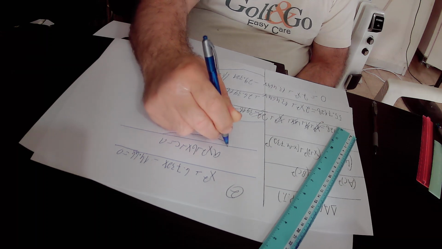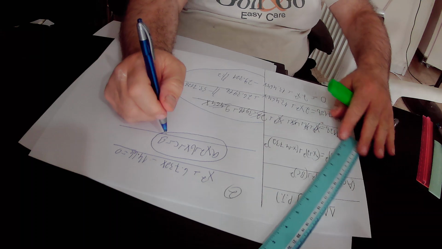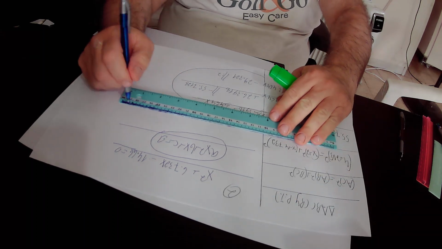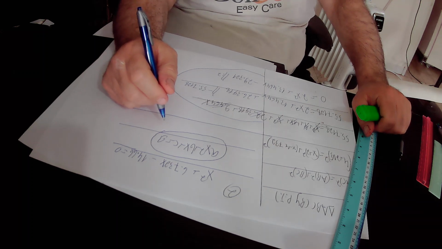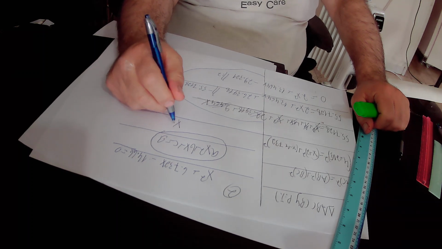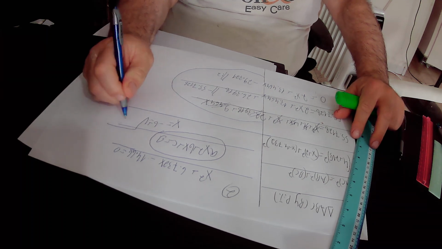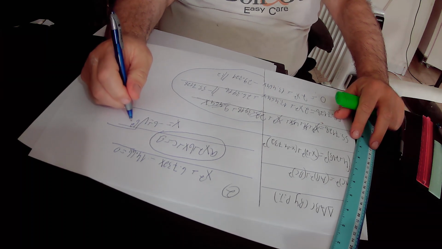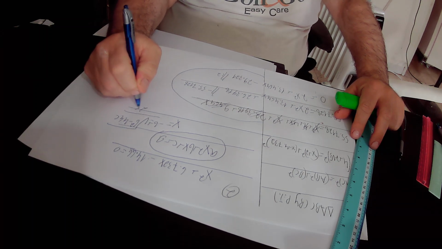In this general formula, a, b, and c are the coefficients of the quadratic equation, and x is the variable that we are looking for. And we find out the value of x according to the following formula. X equals to minus b plus minus square root of b squared minus 4 times a times c over 2a.